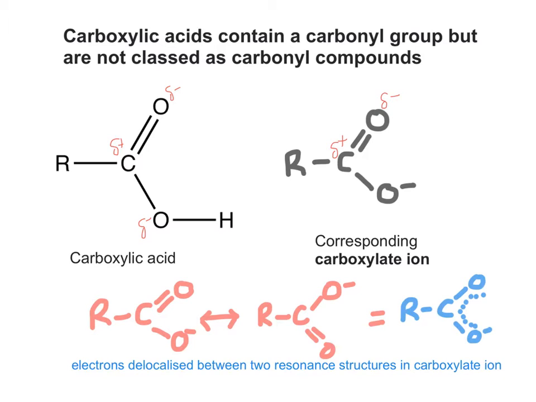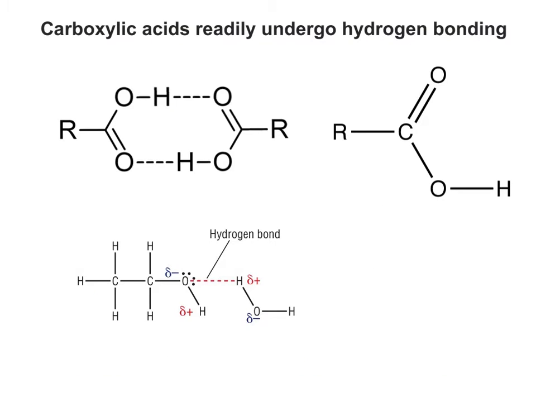That shows a constant shifting back and forth of electron density between one carbon-oxygen bond and the other. So this is called resonance. It probably won't come up in any particular detail in any A-level question, but it's worth just pointing out in passing because it explains a little bit about why carboxylic acids don't behave as true carbonyl compounds.